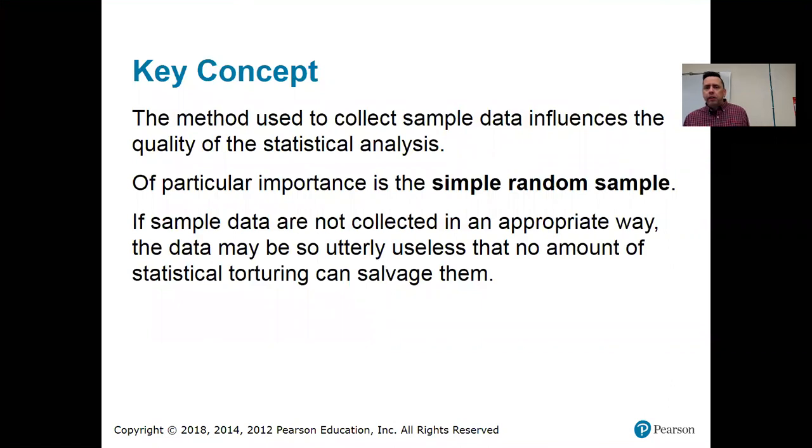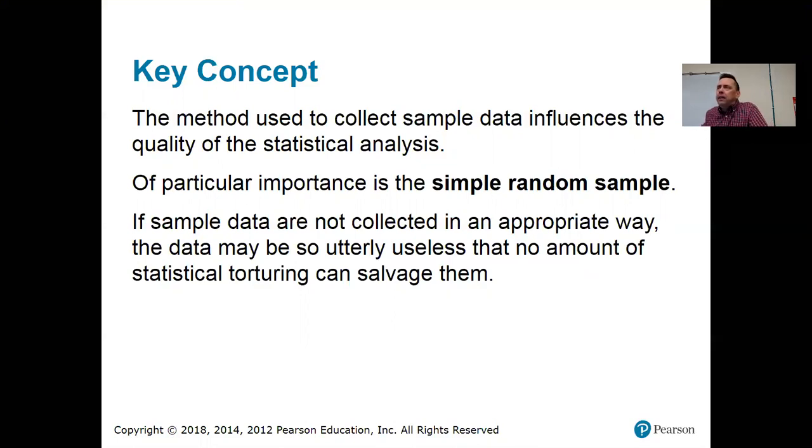Okay. So key concept in this section, the method used to collect sample data influences the quality of the statistical analysis. Of particular importance is the simple random sample. I'm just going to go ahead and tell you what a simple random sample is. It's a sample that's chosen completely at random.